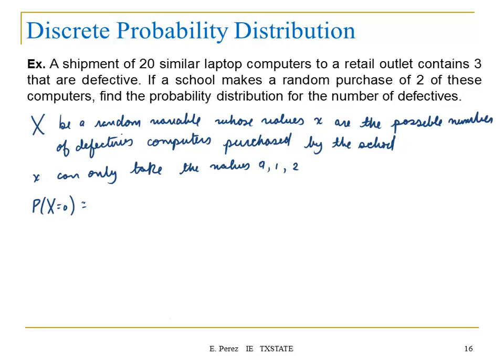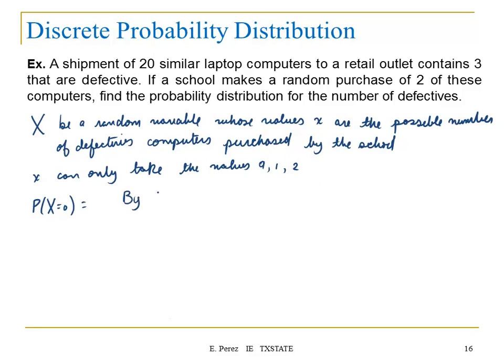So now we need to find the number of outcomes divided by the total number of outcomes that can happen in this experiment. Okay? And what are the things that can happen? You pick 2 and none of them are defective. That's the first case, non-defective, 0 defective. Okay, so let me write this down.